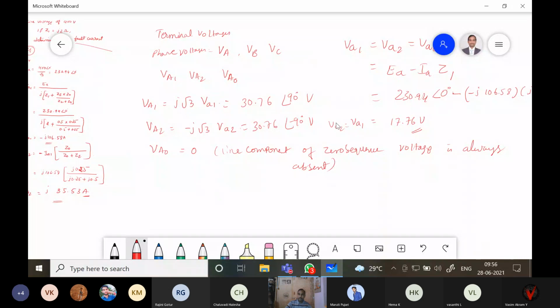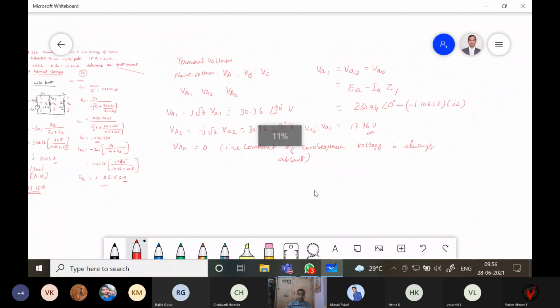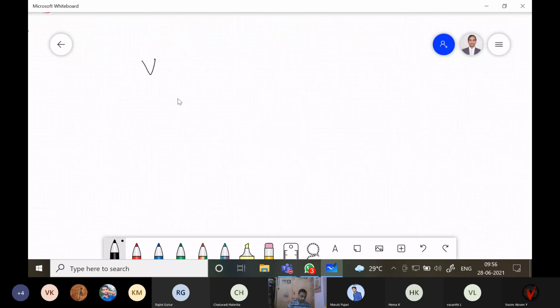So now we need to calculate capital VA, capital VB and capital VC. Capital VA is equal to VA0 plus VA1 plus VA2.